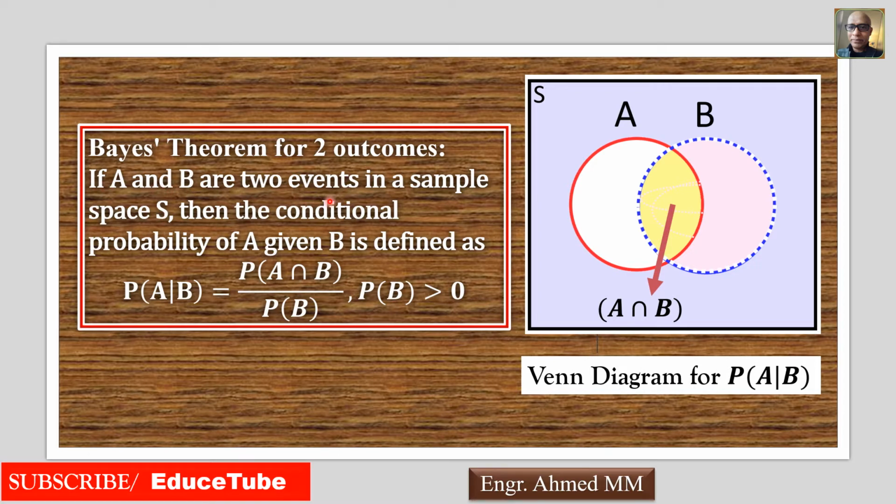If A and B are two events in a sample space S, this is S, then the conditional probability of A given B is defined as probability of A given B equal to probability of intersection of A and B, I mean this part, divided by probability of B, having probability of B greater than 0.